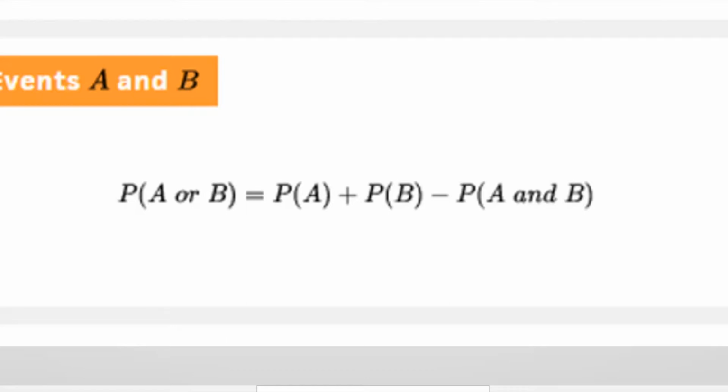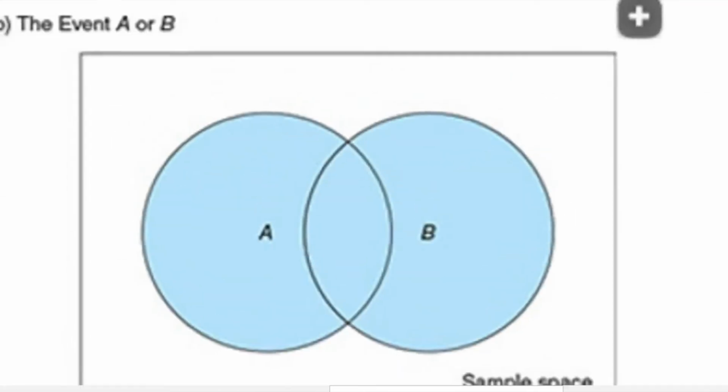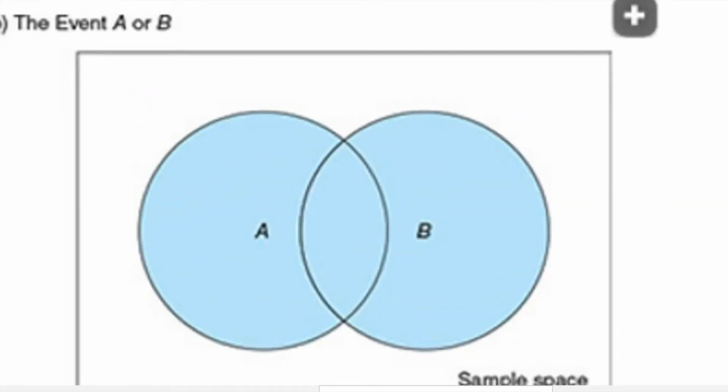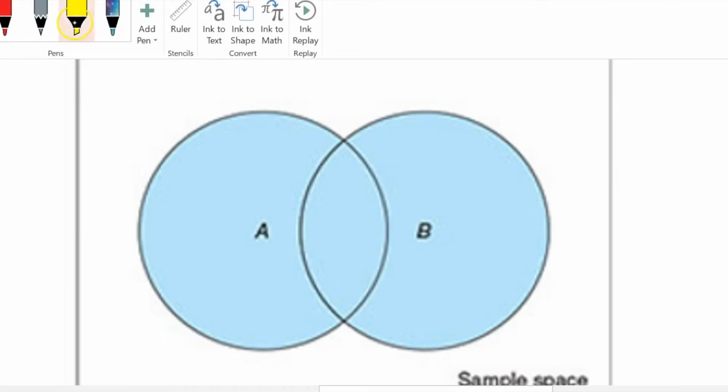What I mean by that, if we look back at this picture, this is A or B. When we think about how this comes out, if I'm going to add up the probabilities, A is represented by the entire circle and its overlap.